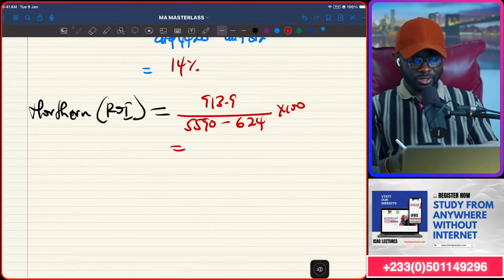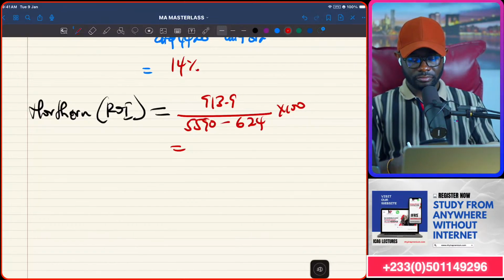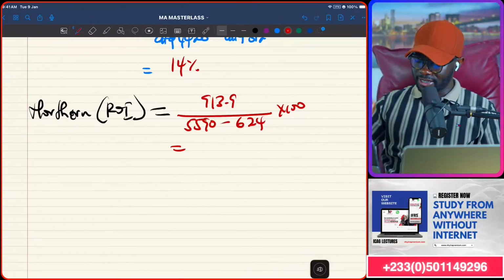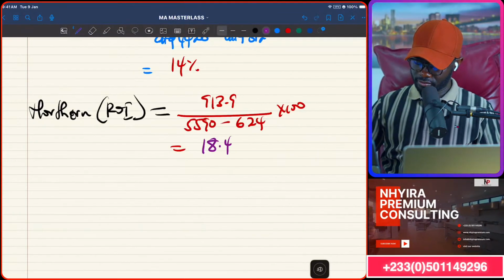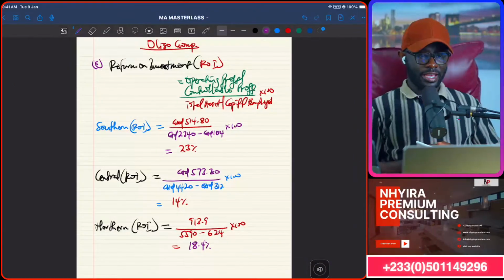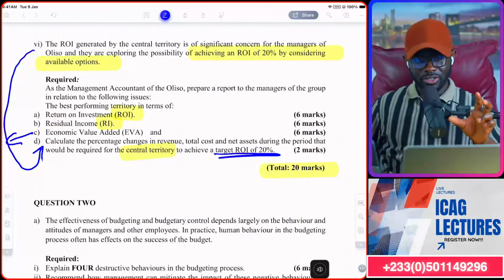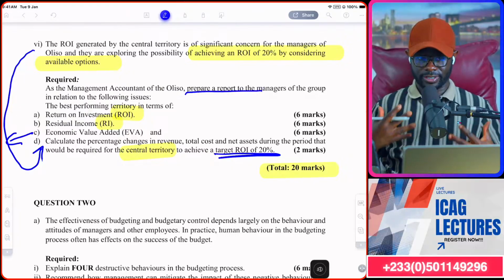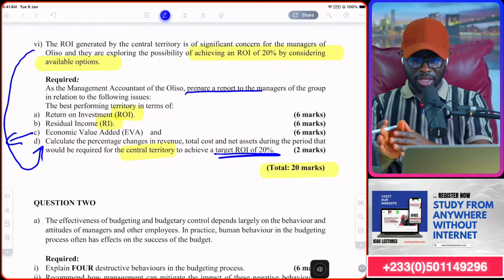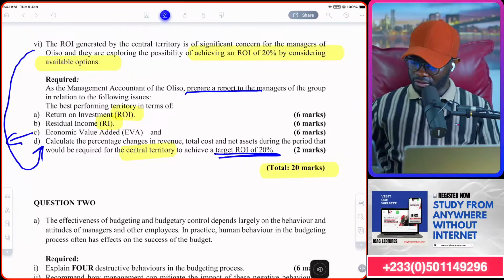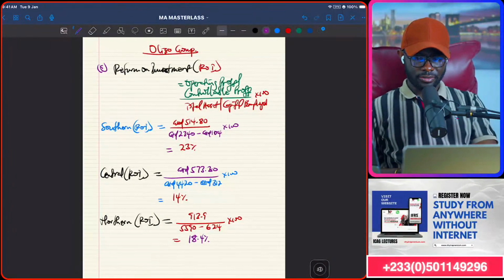So we punch that out. 913.9 divided by 5590 minus 624, and that gives us 18%. It's like 18.4% there. So that is the A part of the question, return on investment for each territory. Remember, in the context of this question, we are supposed to prepare a report. The report will come when we finish the calculation, so we'll come back to that. So that is the A aspect of the question and how we deal with this.